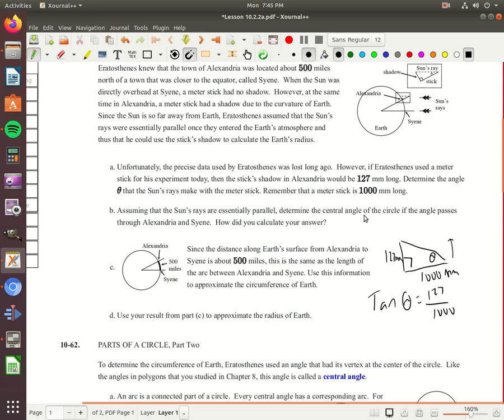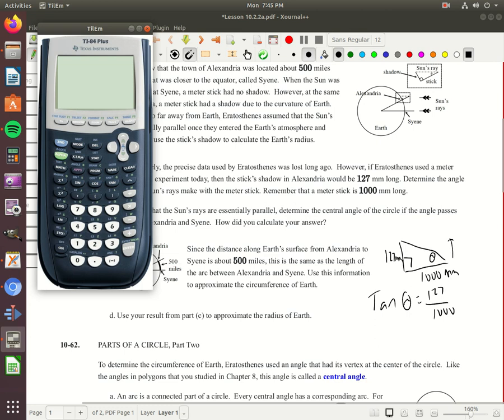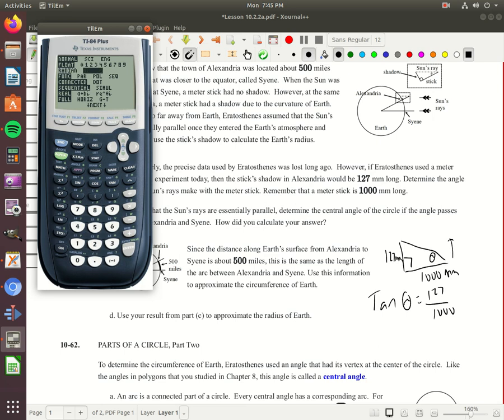So we're going to get this angle right here. We'll go to this trig calculator. I will make sure that I'm in degree mode, which I now am. And I want to know the arctangent. Again, I want to know what the angle is, so I'm going to go arctangent. What's the arctangent of 127 divided by 1,000?